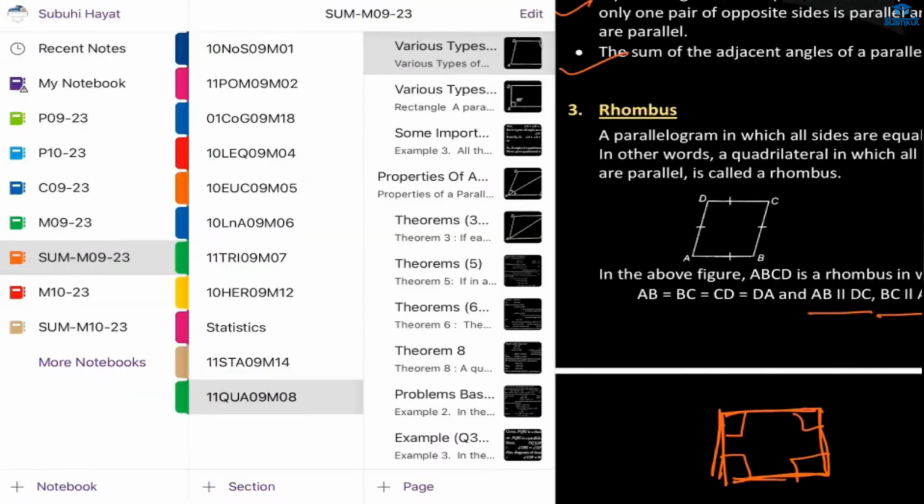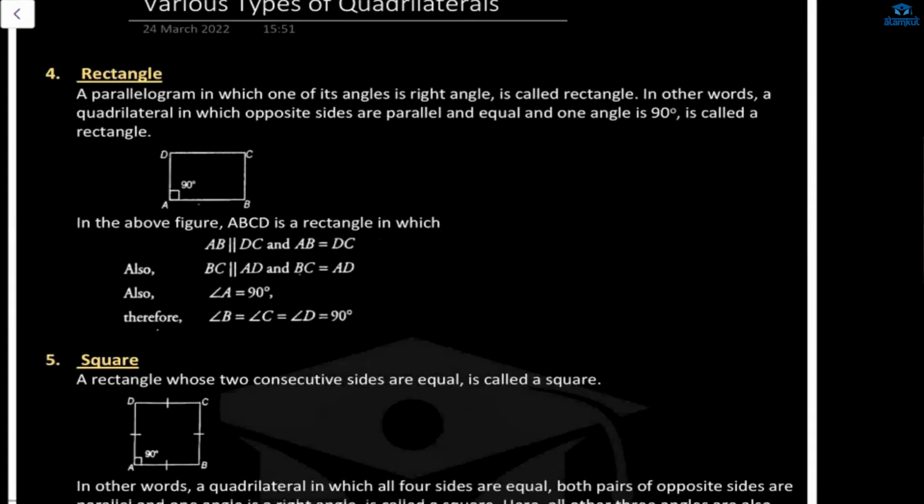Now, rectangle. A parallelogram in which one of its angles is a right angle is called a rectangle. In a rectangle all the sides are not equal; opposite sides are equal, and the angles are perpendicular to each other. Not only one, all the angles here are 90 degree.